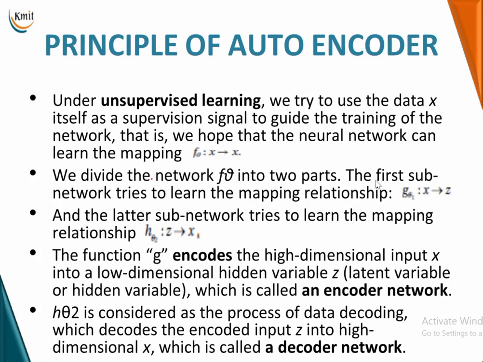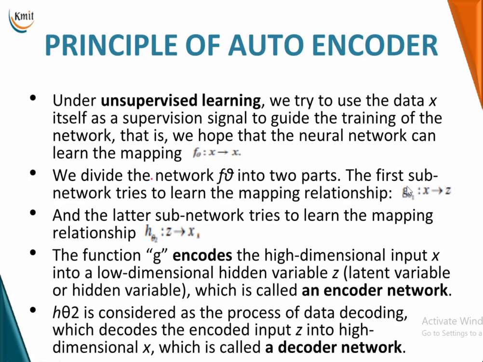We use a first mathematical model to convert x into an intermediate result z, and from that intermediate result z we generate x1. What this g, the mathematical model, is doing is encoding. So what exactly is happening in an encoding? High dimensional data x is converted into a low dimensional variable z. We also call this a latent variable.